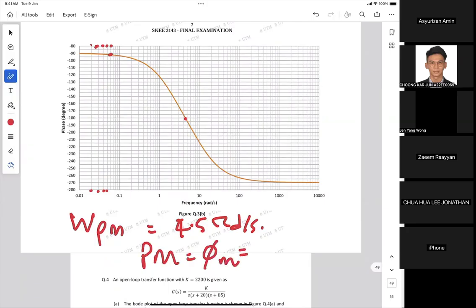Chua? Chua, how much? Oh, phase margin. 9, 80, 85, 88. Okay.